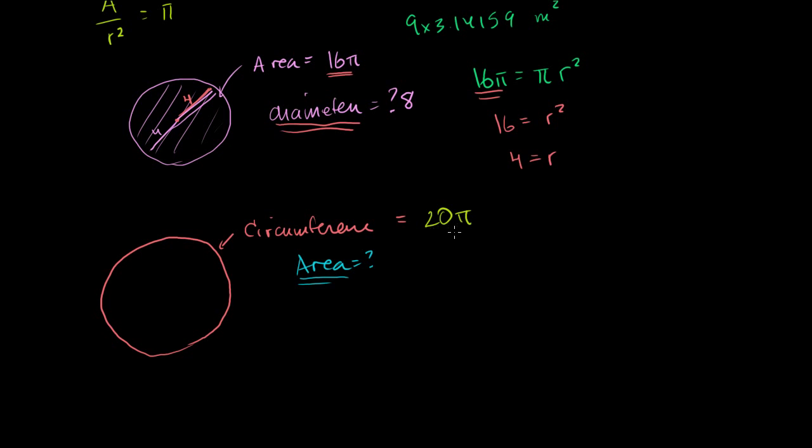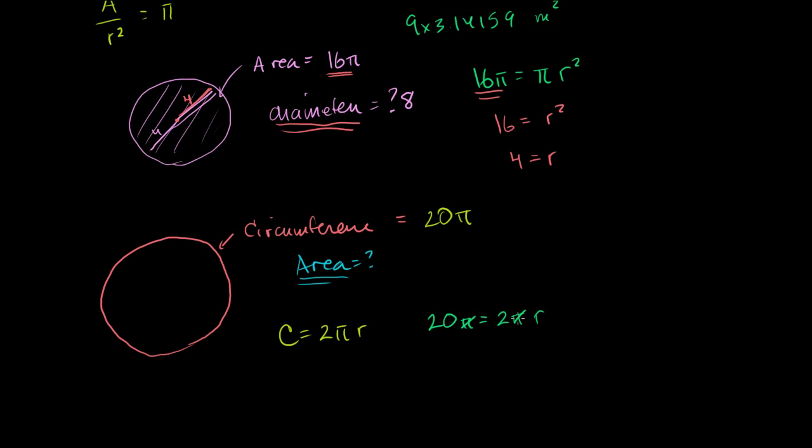So if I know that the circumference is 20 pi, what do I know about its radius? Well, we saw in the last video that the circumference is equal to 2 pi times the radius. So 20 pi is equal to 2 pi times the radius. Now, if you divide both sides of this by pi, those cancel out.